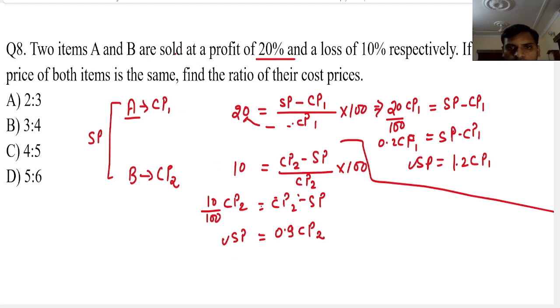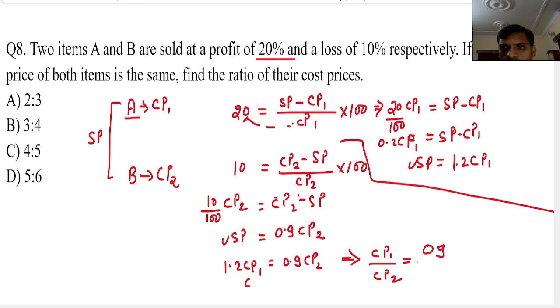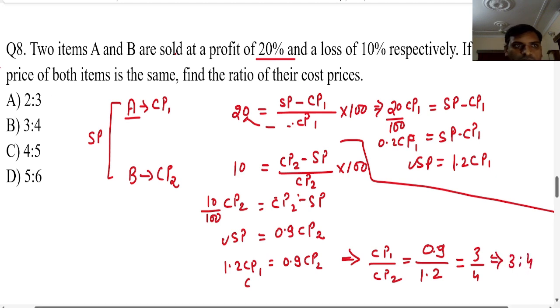So 1.2 CP1 equals 0.9 CP2. So the ratio of CP1 to CP2 equals 0.9 upon 1.2, and on finding the ratio you will get 3 upon 4, so you can write this as 3:4. So the correct option is option B.